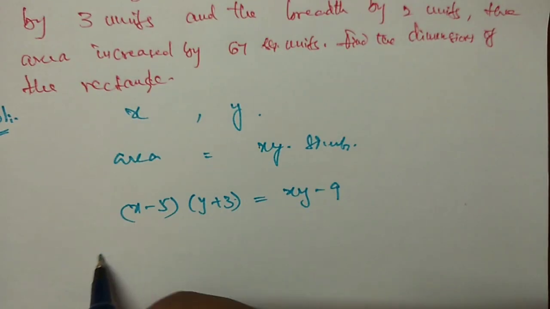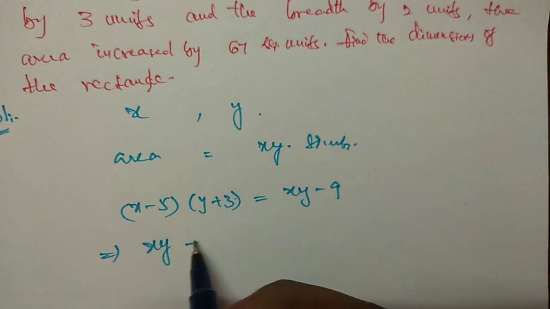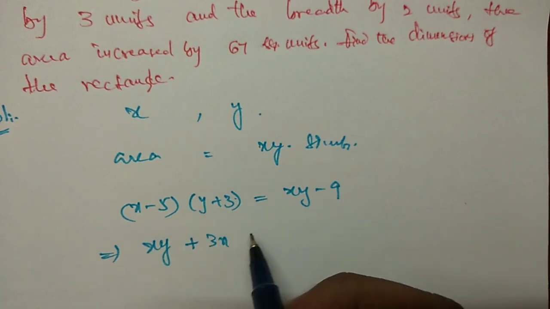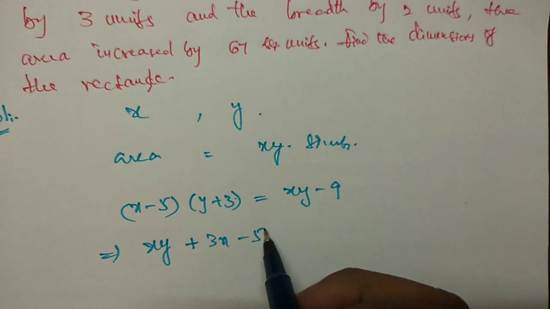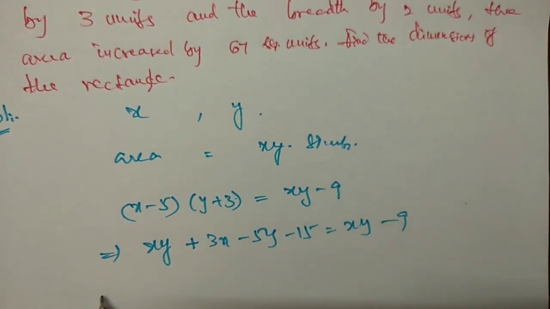That implies if you multiply, this is xy plus 3x minus 5y minus 15 equal to xy minus 9.